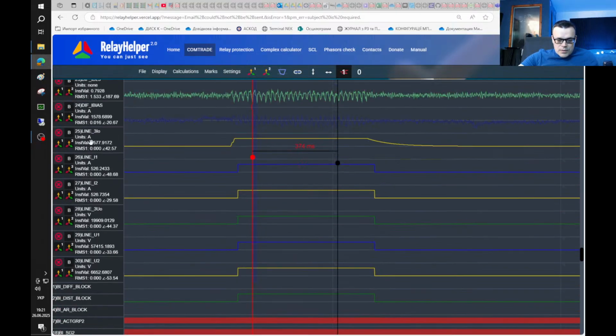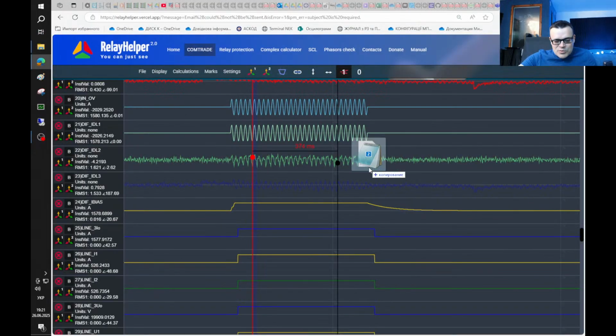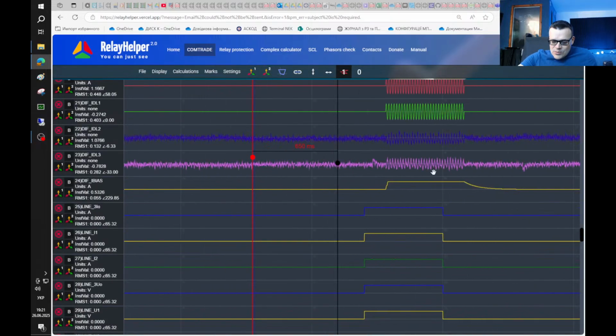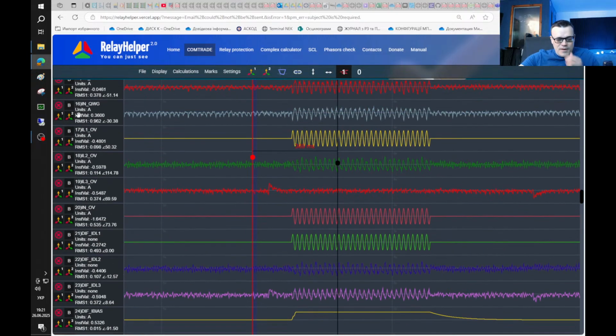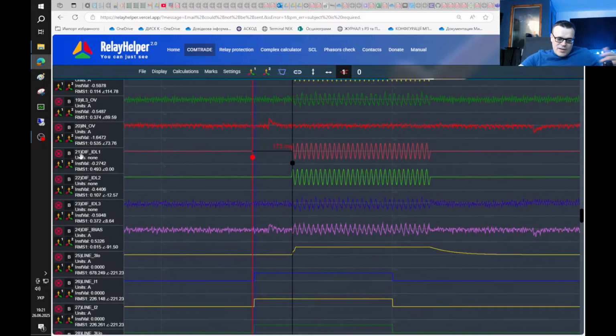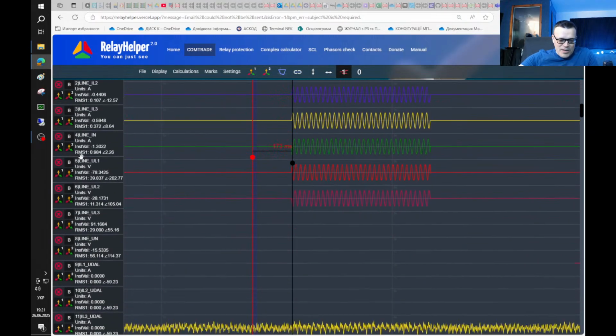So I opened the file from before the reboot, not after. This time we can also see this strange picture where some channels are in the future and some channels are in the past.